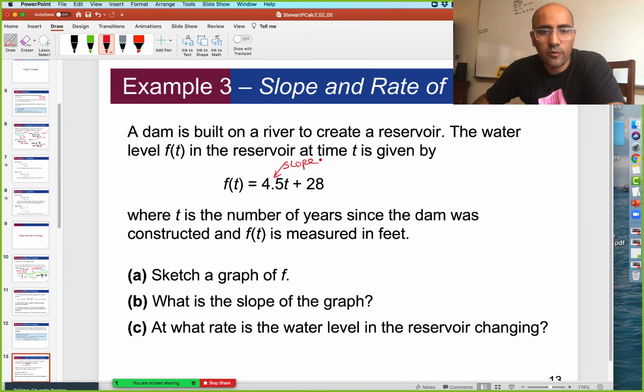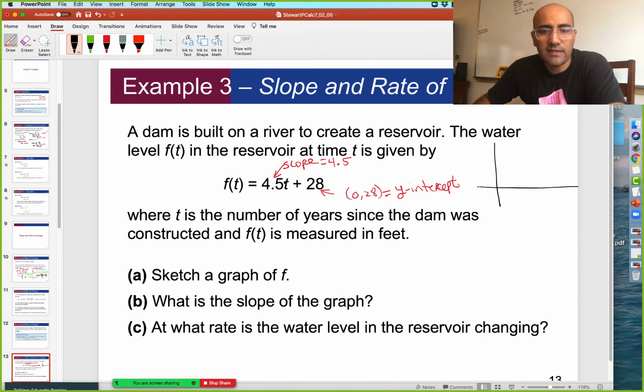Slope is equal to 4.5. And this helps me find the y-intercept. (0, 28) is the y-intercept. So just as a rough sketch, I don't have to draw a super pretty one.